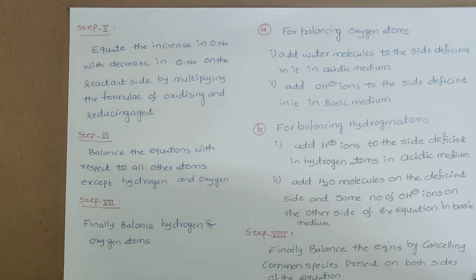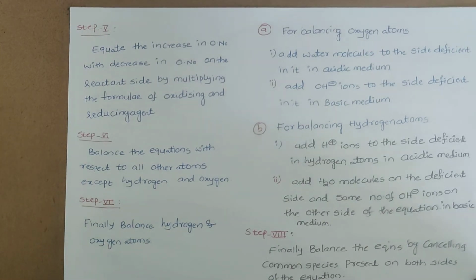To balance the oxygen atoms in basic medium, add OH minus ions to the deficient side.